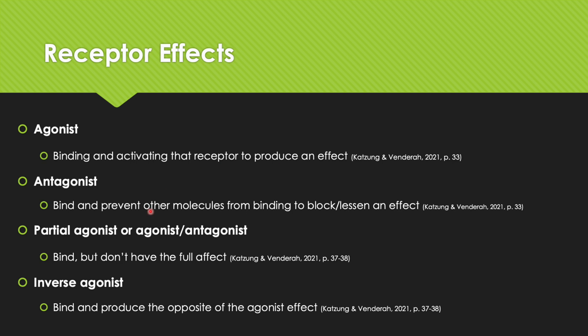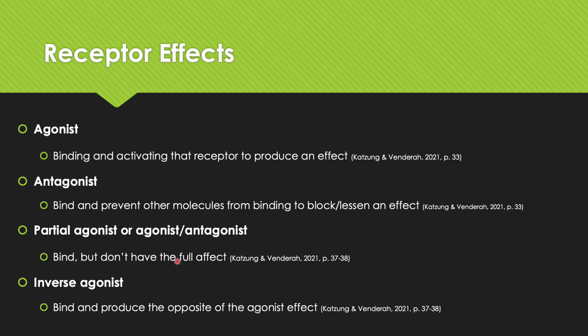So it binds and then it stops an effect or lessens an effect. So ipratropium bromide, for example, binds a muscarinic receptor to prevent or to lessen bronchoconstriction, right? So if we prevent bronchoconstriction, we're going to keep our airways more dilated. So that is why ipratropium bromide is called a backdoor bronchodilator.